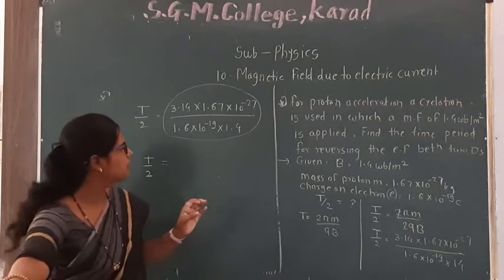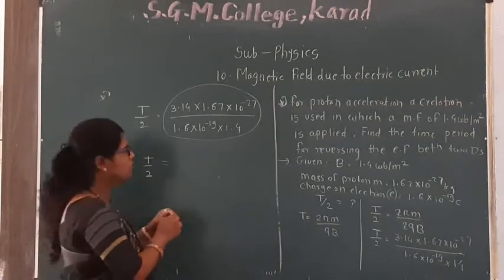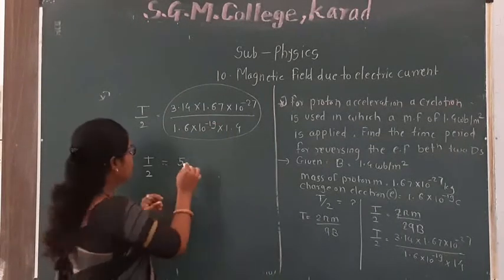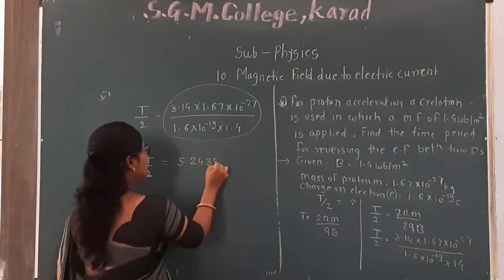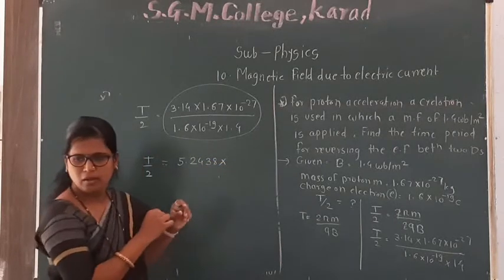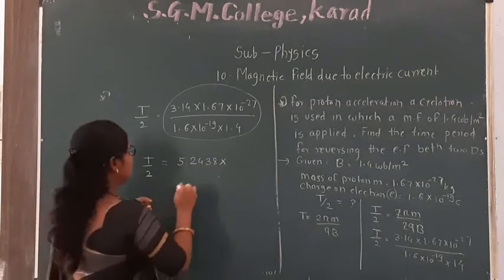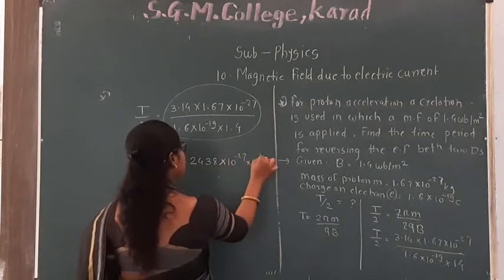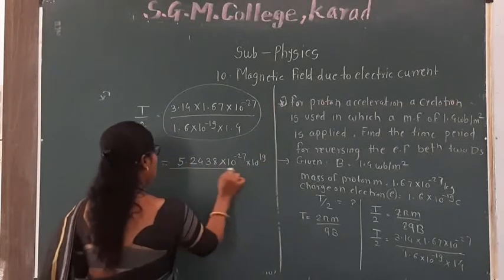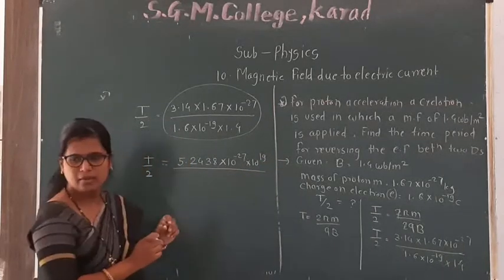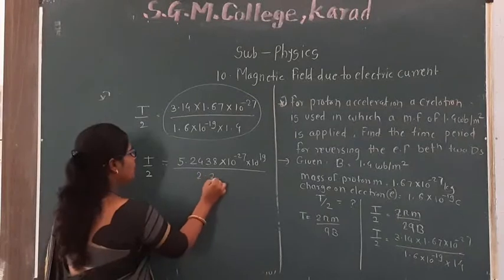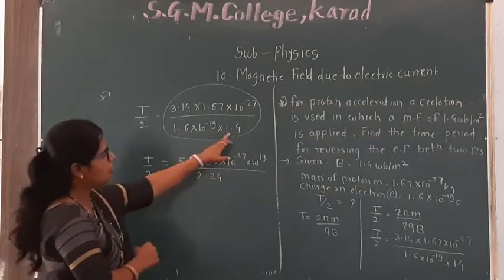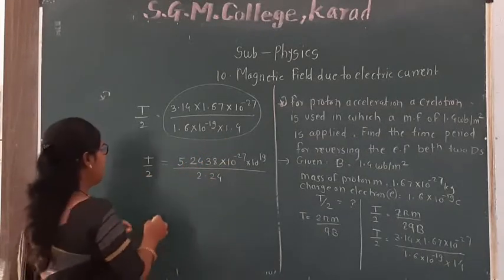Then we get 5.2438 multiplied by 10 raised to minus 27 into 10 raised to plus 19, upon 2.24, by multiplying 1.6 into 1.4. By using the log table we can easily solve this example.